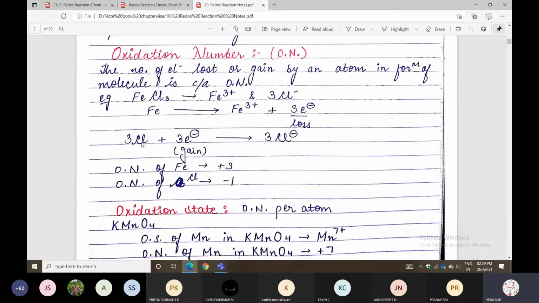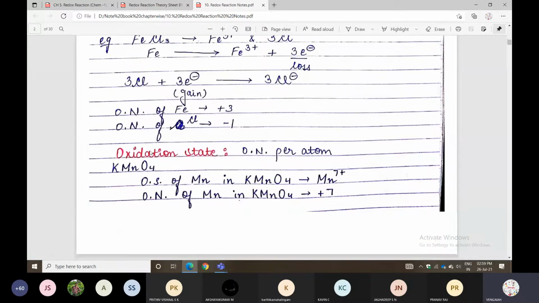Chlorine gains electrons. So the oxidation number of iron is +3. Each chlorine contains -1, and there are 3 chlorines. So individual chlorine is in -1 oxidation state.